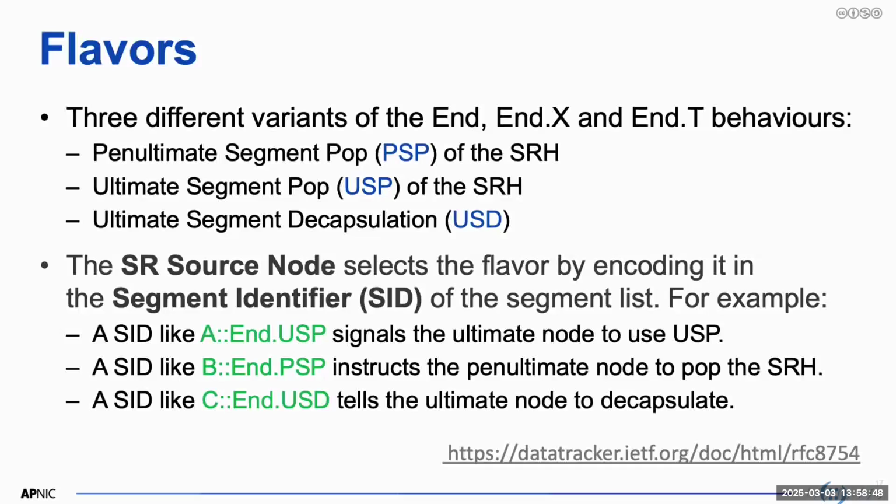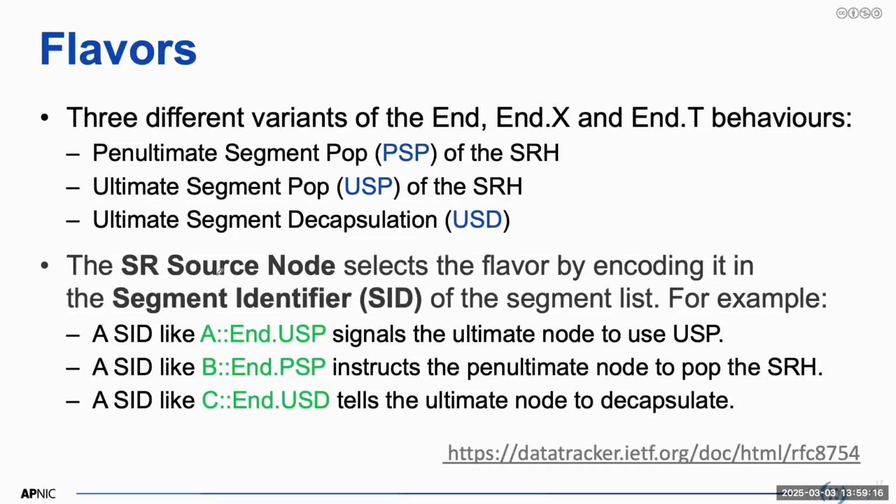So this behavior is actually implemented when we configure a node. When we configure the node, we enable what kind of behavior we want on the node. We will see in the lab how to implement this as well. It is the source node who decides what kind of behavior it wants the ultimate node to implement.